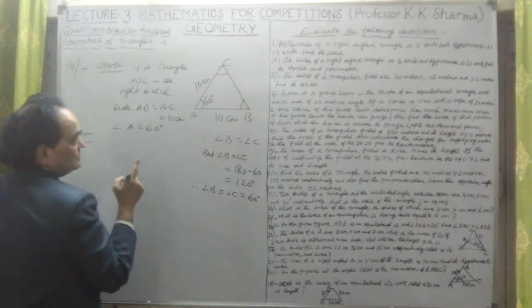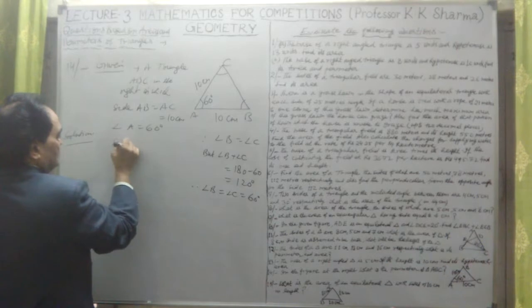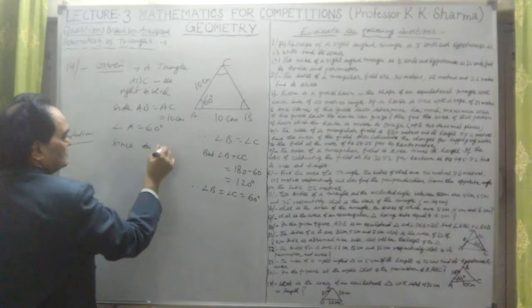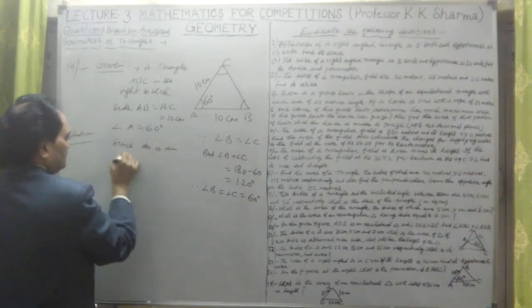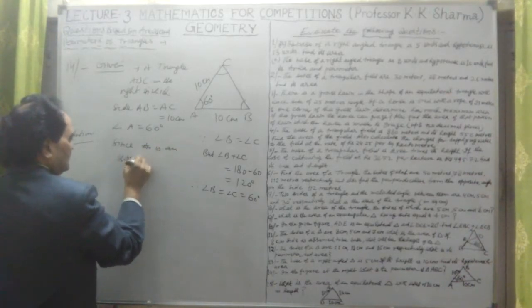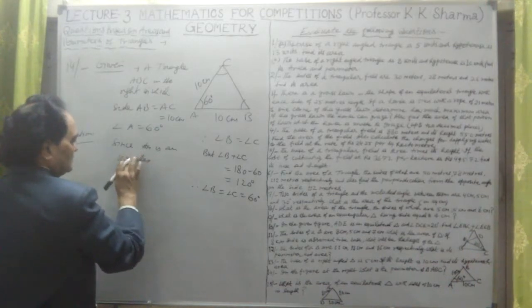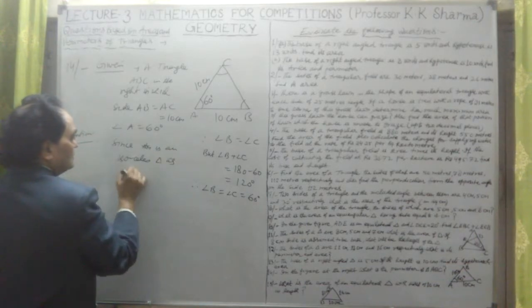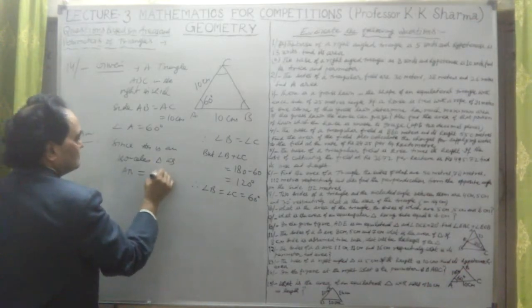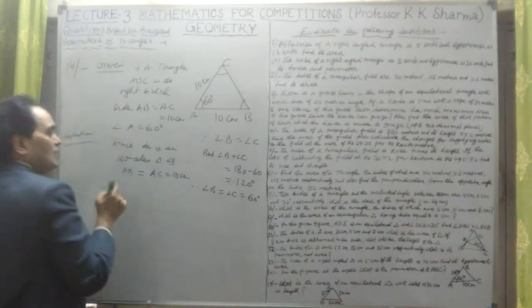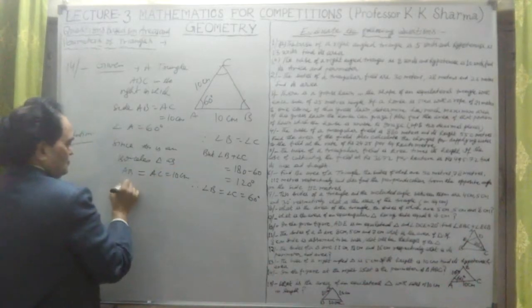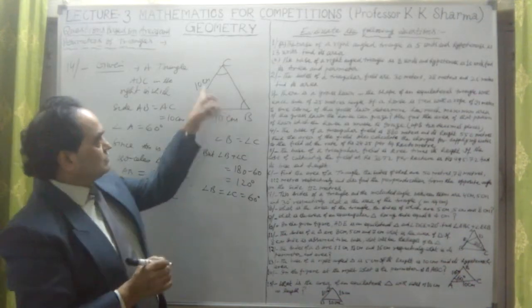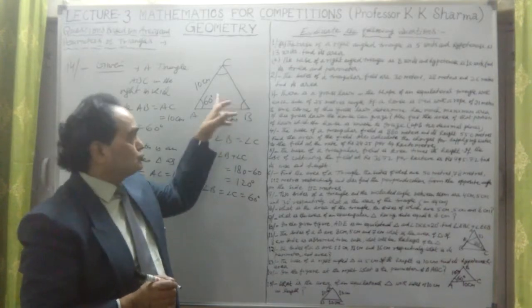Since this is an isosceles triangle, as AB is equal to AC is equal to 10 centimeter, angle B is equal to angle C. The sides being equal, the angles opposite to those equal sides are also equal.